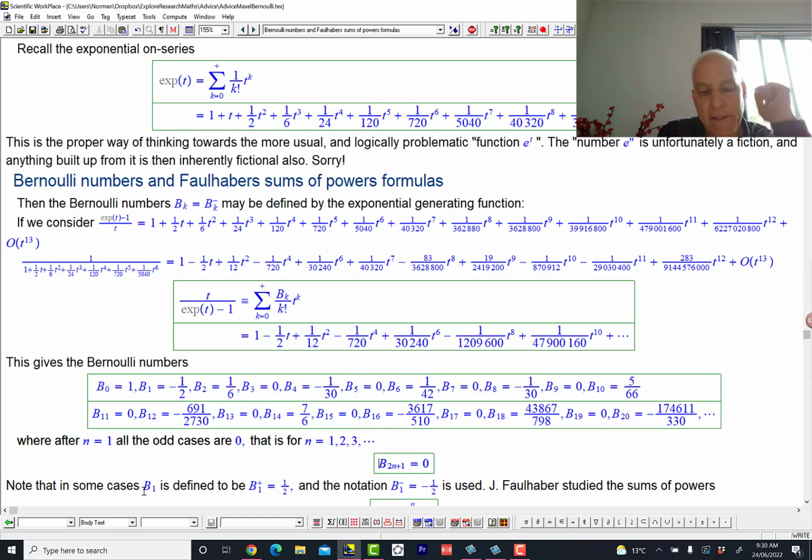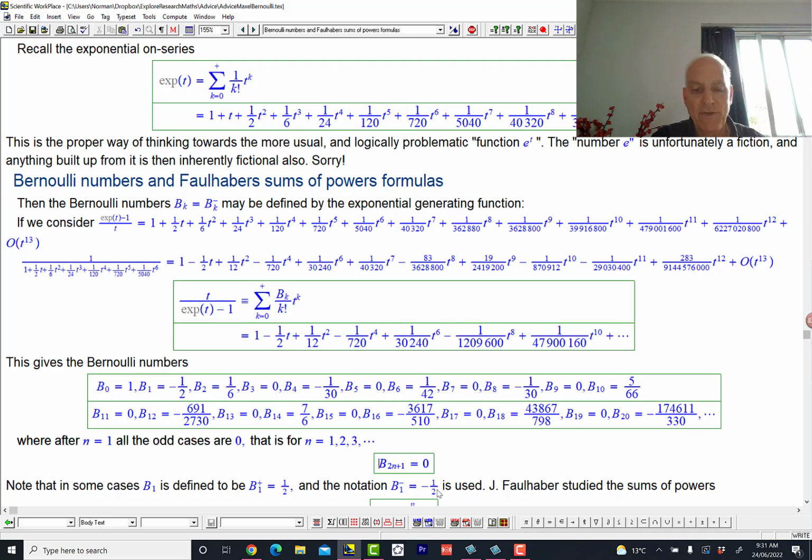It's worth noting that this b sub 1, which for us is minus a half, because that's how we obtained it here, has a variant. Sometimes a variant is used where b sub 1 is actually a half. To distinguish these two possibilities, we talk about b sub 1 plus being a half and b sub 1 minus being minus a half.